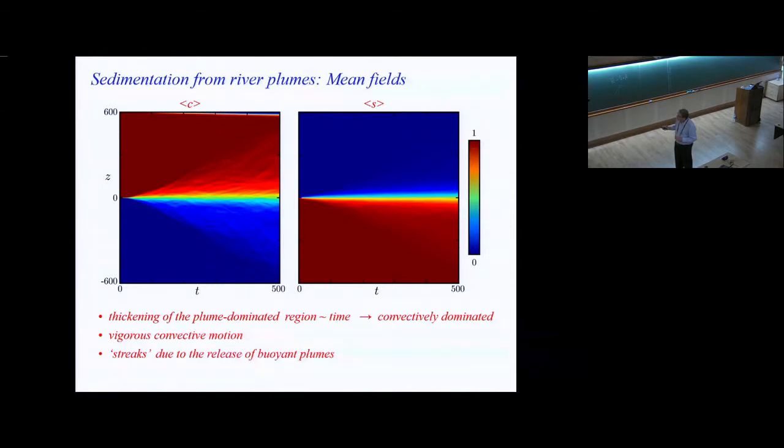Here we see the one-dimensional profile for the sediment concentration field, and here we see it for the salinity field. Initially, all the sediment is on top, all the salinity is at the bottom. But then as these instabilities grow in the interfacial region, we have this wedge opening up in time that reflects the effect of these plumes that propagate upwards and downwards and that lead to quite a bit of mixing.